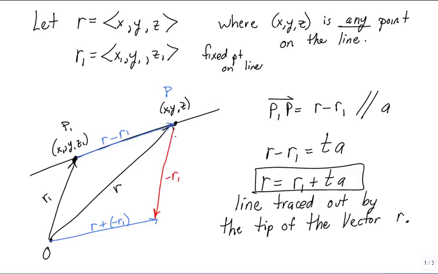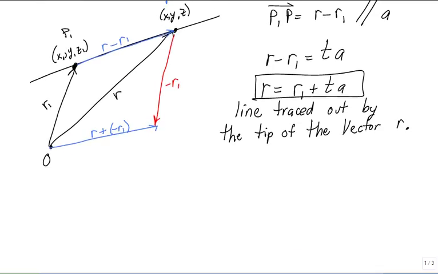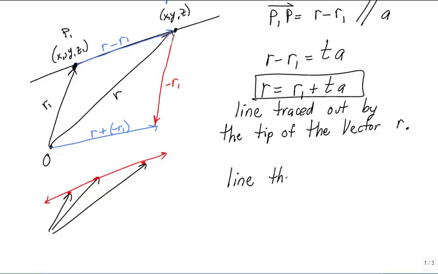So see, r changes as you move. So if this is r, this is r, this is r, depending on t, then this gives you points on that line. And it forms a line. And it's also the line through the point P1 parallel to a, which is the direction vector.